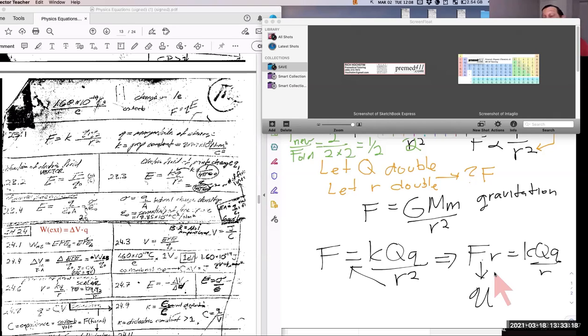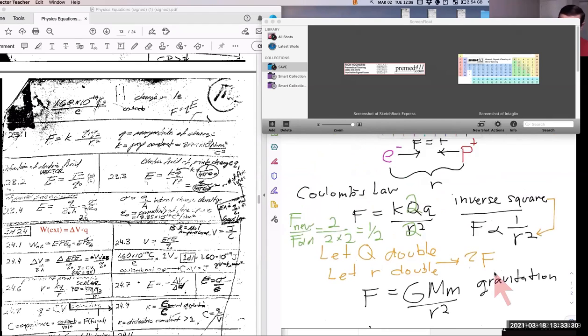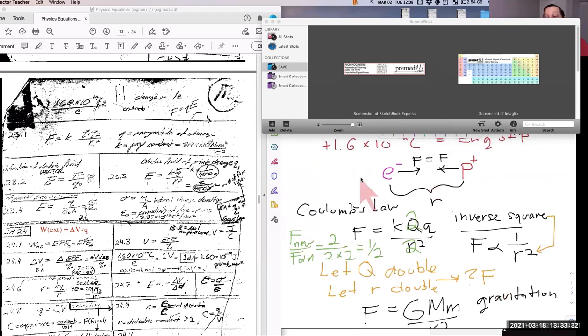Force times distance is energy, and this will be potential energy. So we can derive an equation for the potential energy of these two charges that we have right over here.